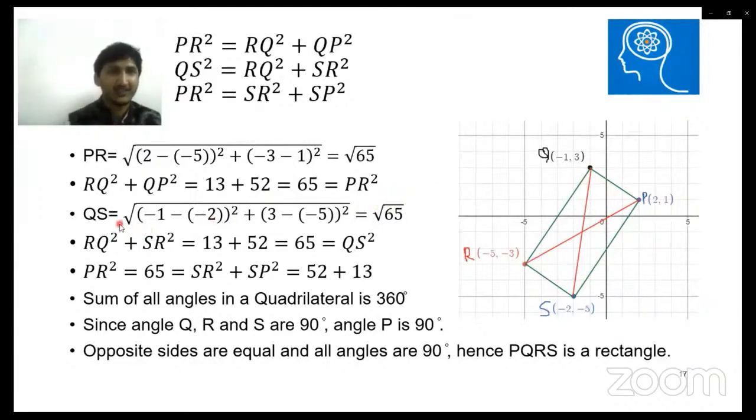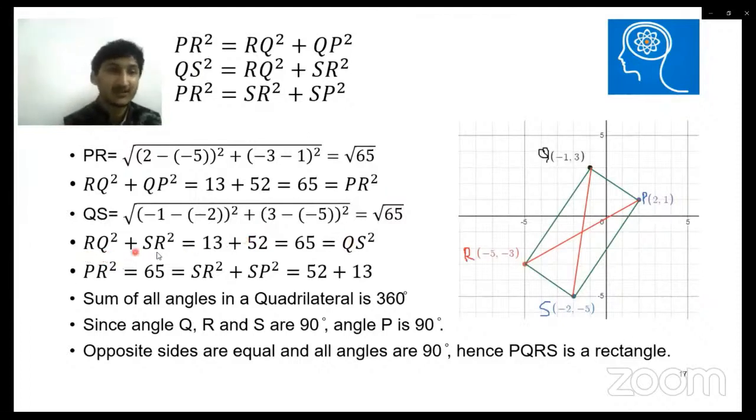Now let us go for finding out the length of QS. The length of QS can be found out by the distance formula, because we know the coordinates of Q and S. So QS is equal to under root minus 1 minus in bracket minus 2 whole square plus 3 minus in bracket minus 5 whole square. That is also equal to root 65.